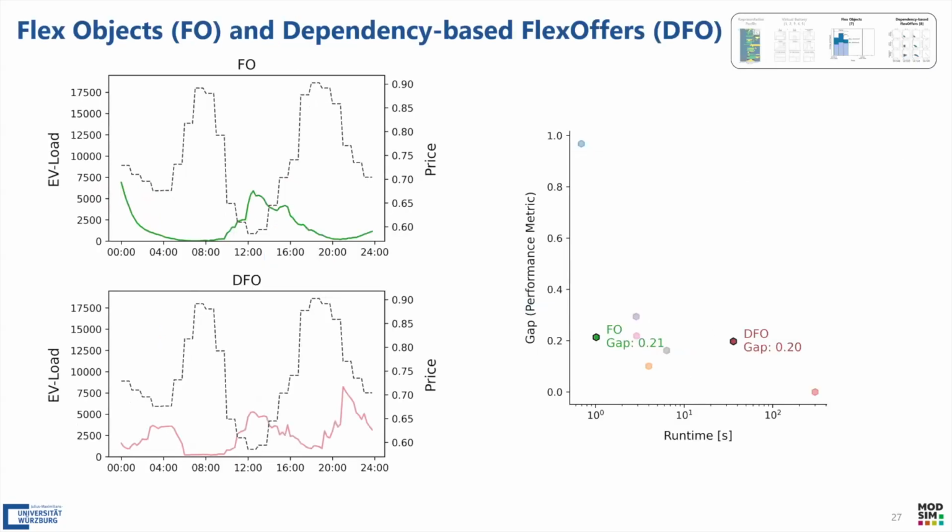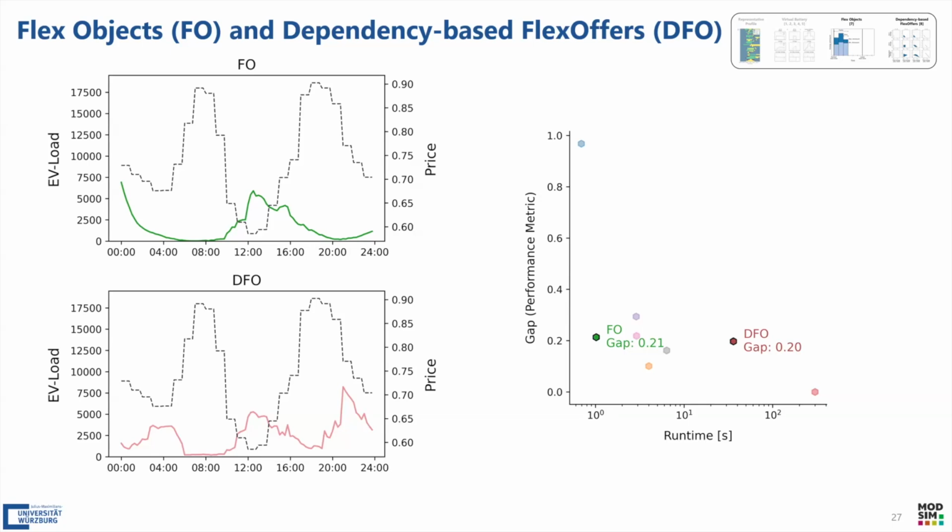And if we have a look at how they perform, it's good that they were already introduced, so I can skip a little bit how they work. And we can see that they perform similarly well as the improved virtual battery methods. And we can see a strong difference in runtime between the FO and the DFO approach, because the DFO approach is just more complicated.